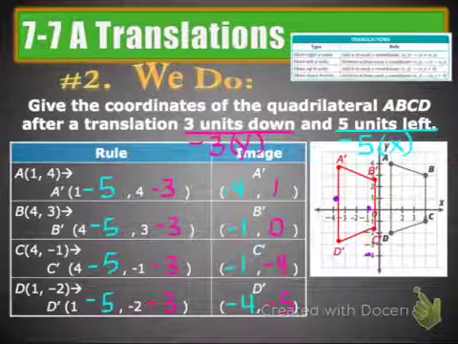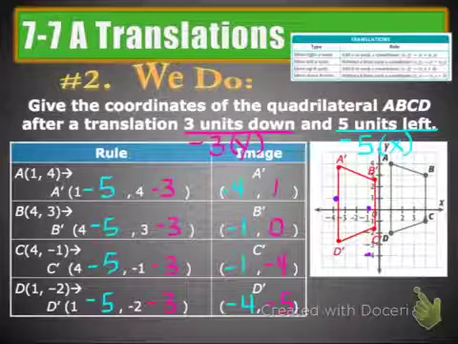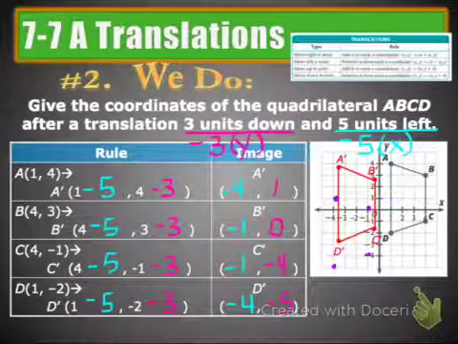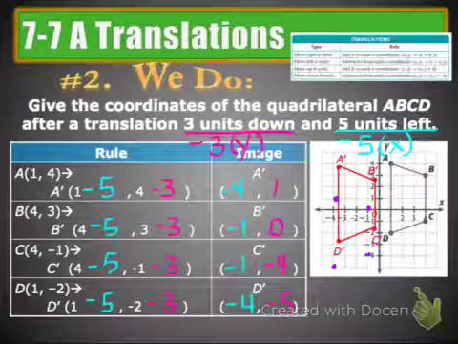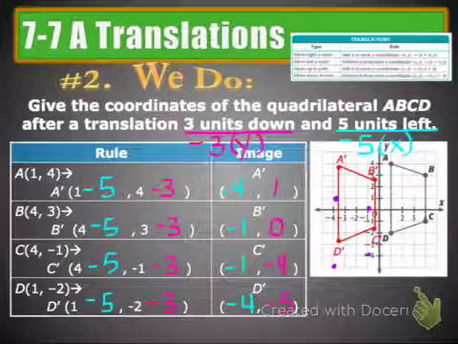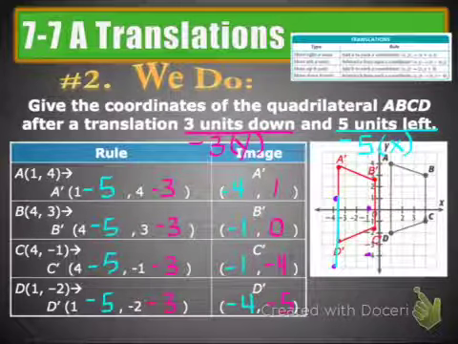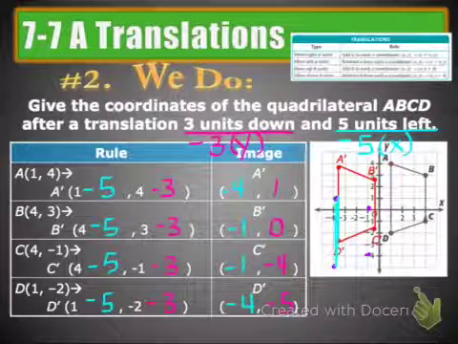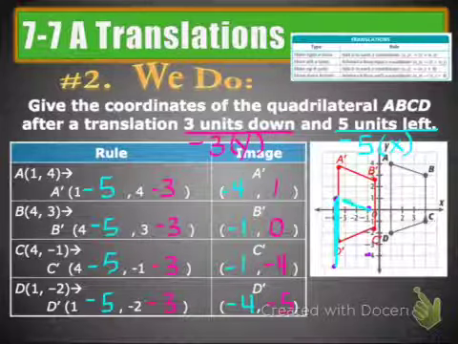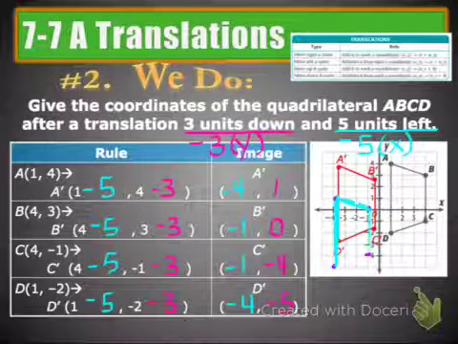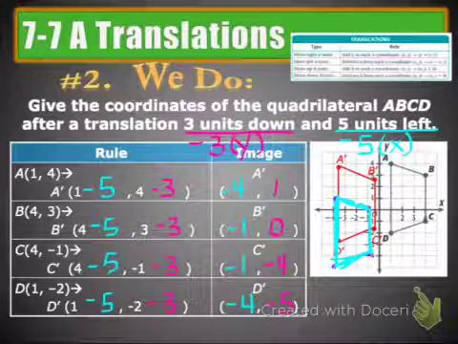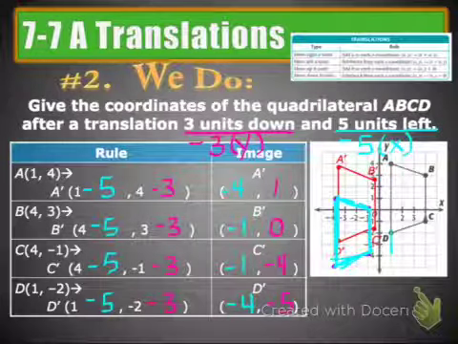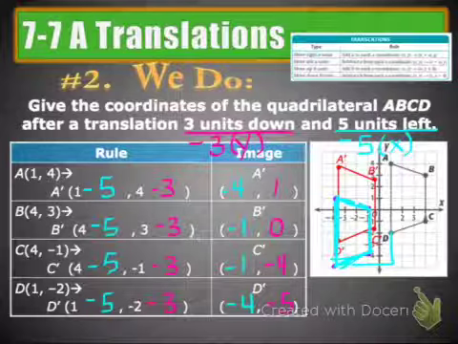And finally we have negative 4, negative 5, put a dot. And then we can connect those. So ignore that, oops, it should be back here, negative 4. Ignore that red one because that red one's completely incorrect. And there is my translation of 3 units down and 5 units left.